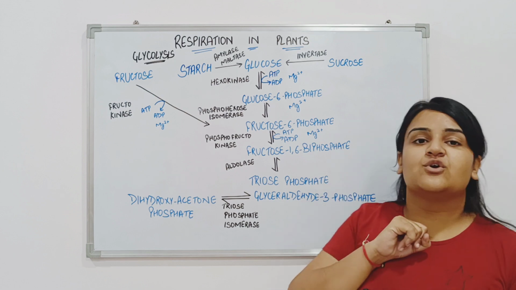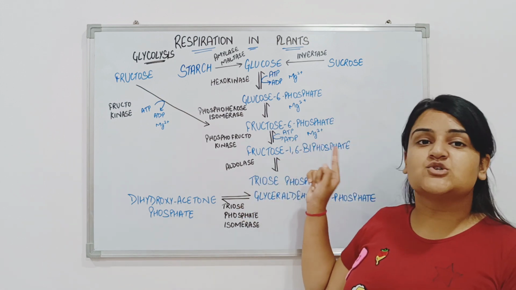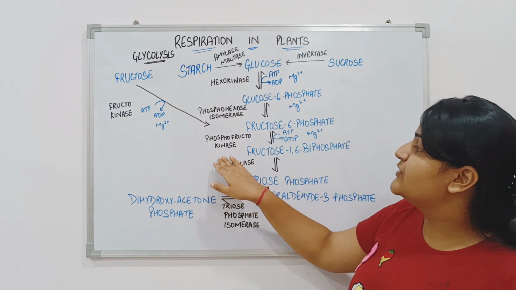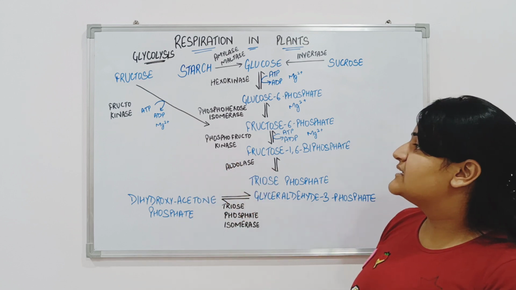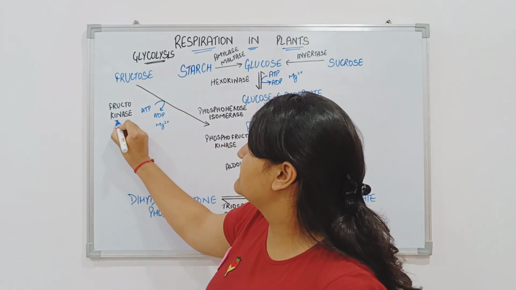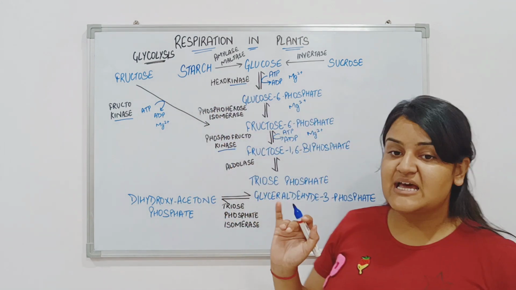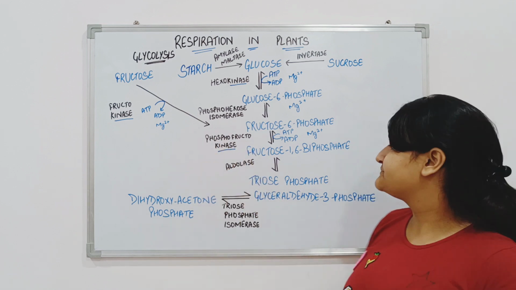Now the first position also has the phosphate group, and this happened in the presence of Mg2+ and the enzyme phosphofructokinase. Again, kinase, just mark these things to remember the name of the enzyme. Everywhere the phosphate has attached, kinase enzyme is used. Okay.